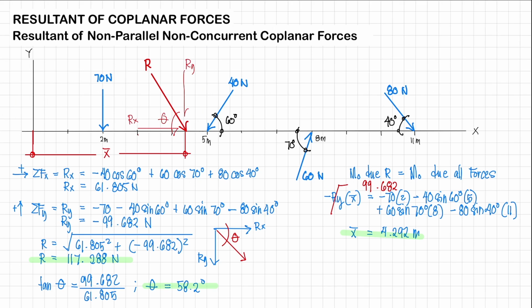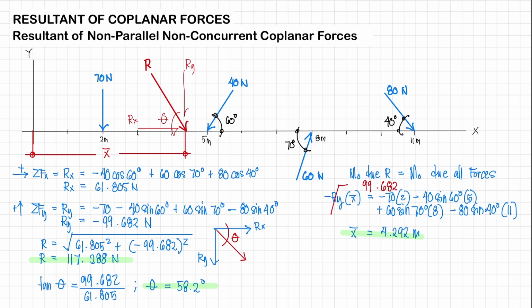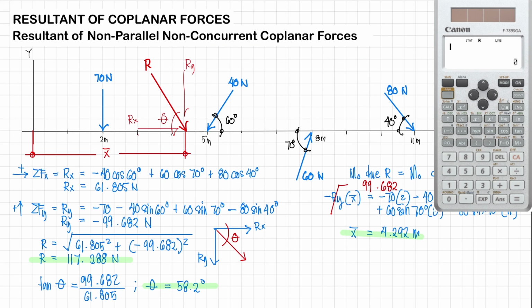Okay, so you might be wondering about the calculator technique for this type of problem. Yes, we could still use our complex method in solving for our resultant and its inclination or direction of application. But for the location itself, we can't use those calculator techniques anymore.